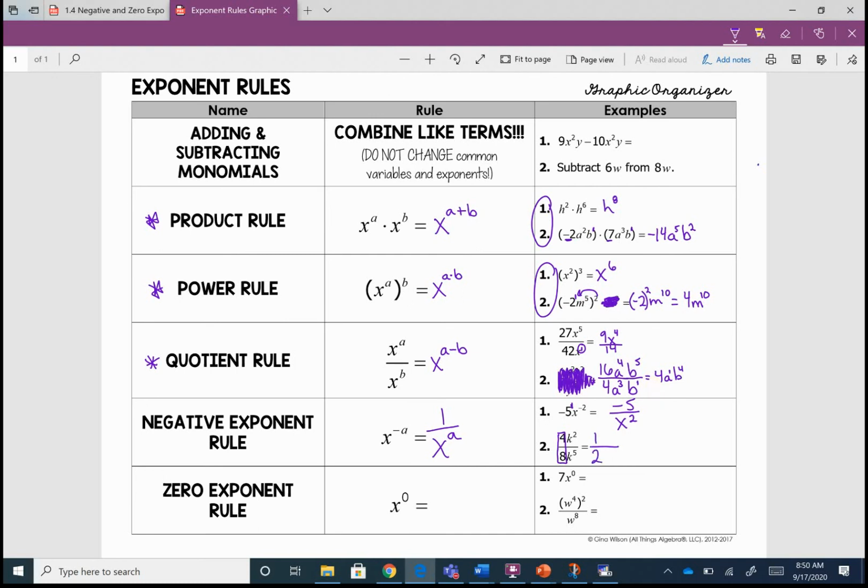I don't subtract the 4 and the 8. They're not exponents. But the k's have the same base, so we're going to subtract the exponents, and I get a -3.